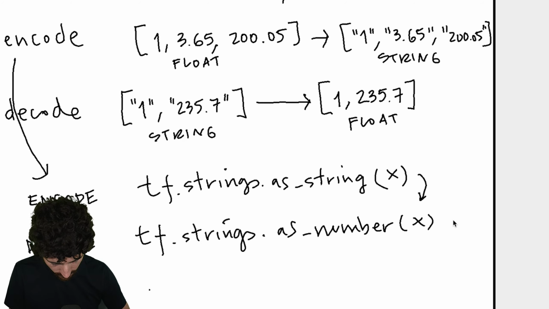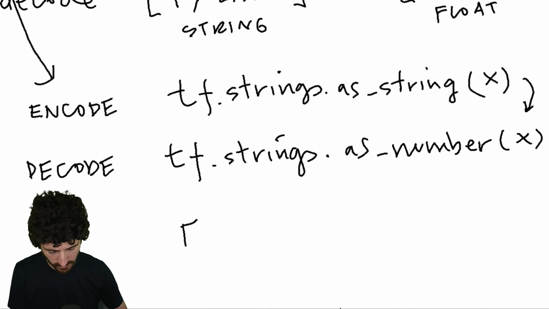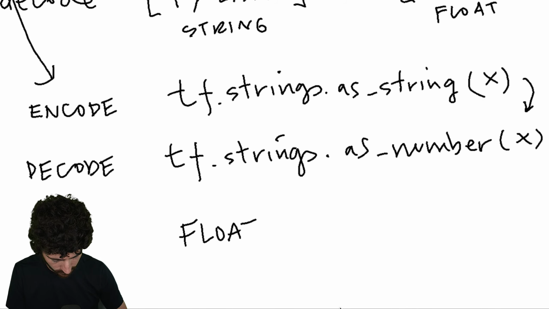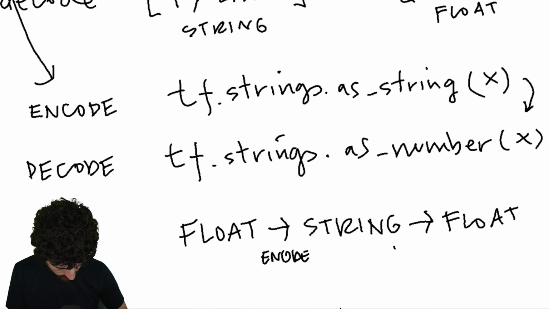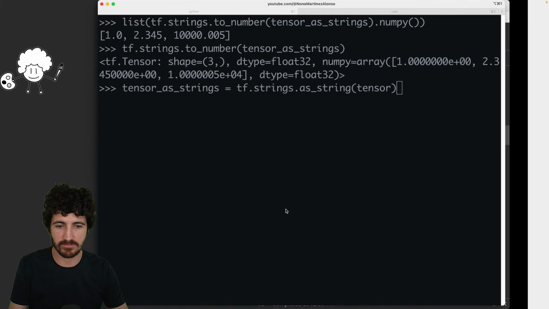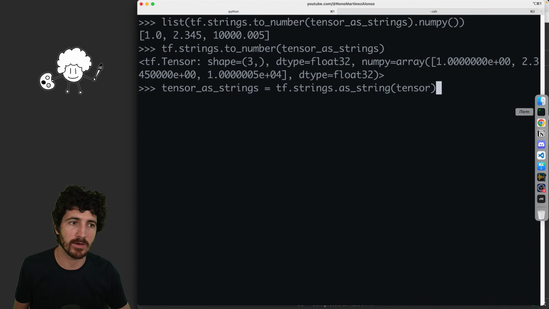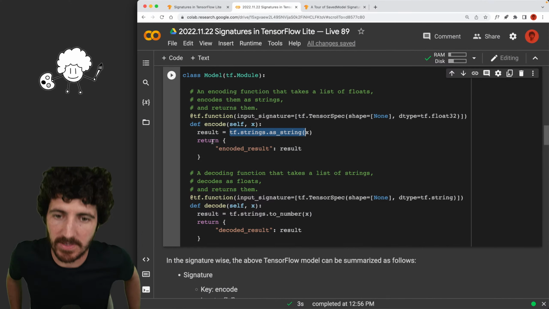We go from, let me go back, float to string to float. And this is encode. And then this is decode. Okay, so now that we have this clear for this really simple example and we know how to do it and that it works with TensorFlow, we can understand these functions.